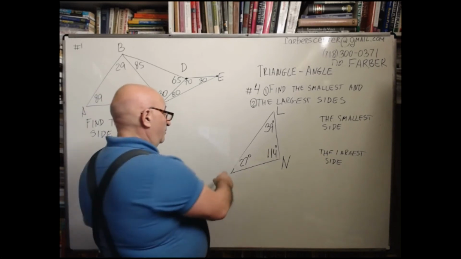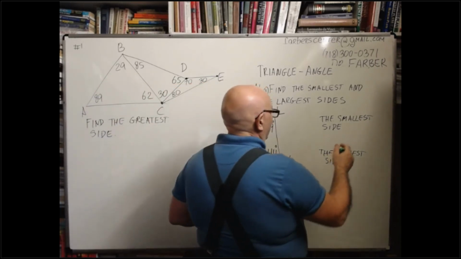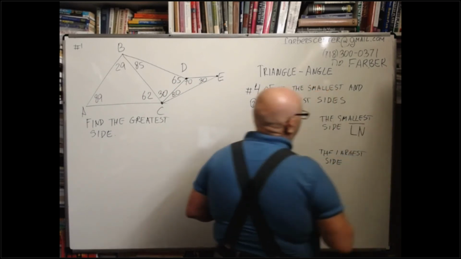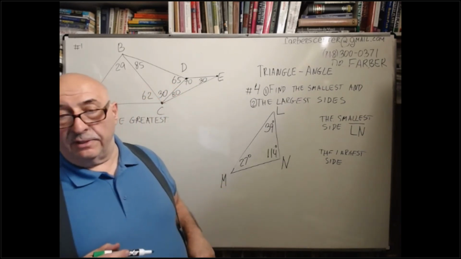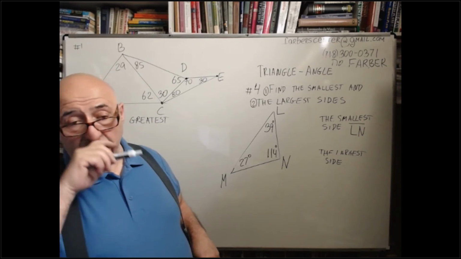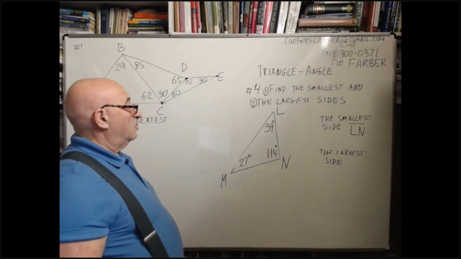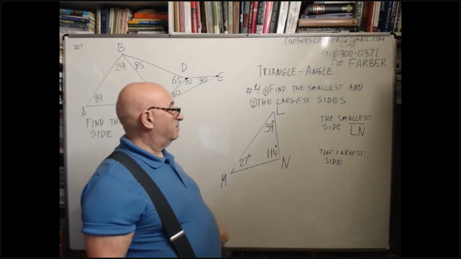And opposite of this angle is side LN. When you send me, just write LN. Don't use this line on the top. When you're doing your homework, LN, like a segment. Who understands this? Opposite the smaller angle is located the smaller side.